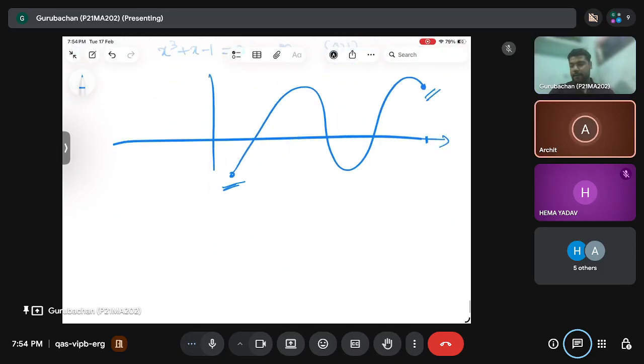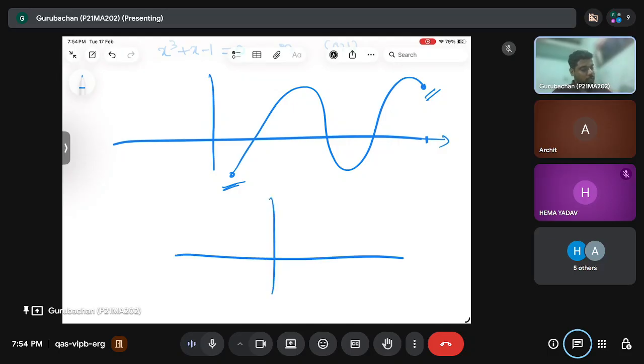But sir, I think it may not be like that if it has a double root. Like if it crosses the first time and then it has a double root, like y equal to x square, it turns like that. Hmm, you mean like this? Yes, sir.